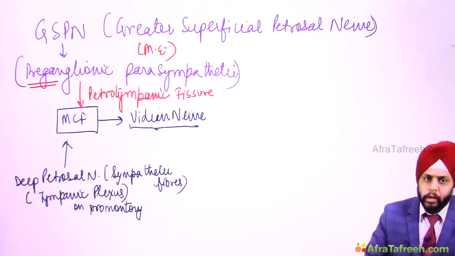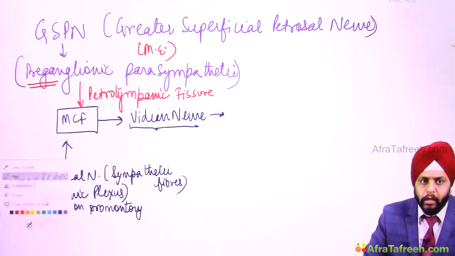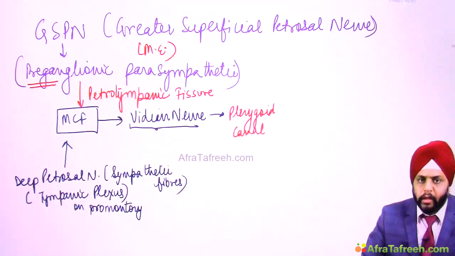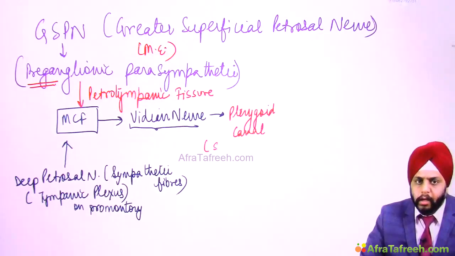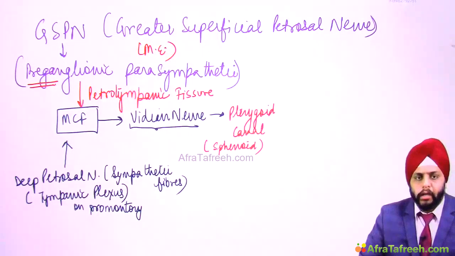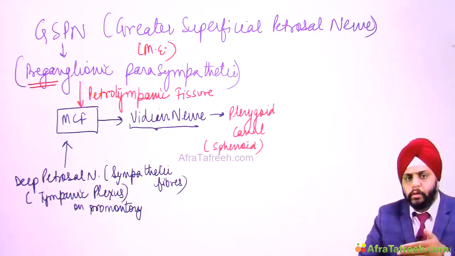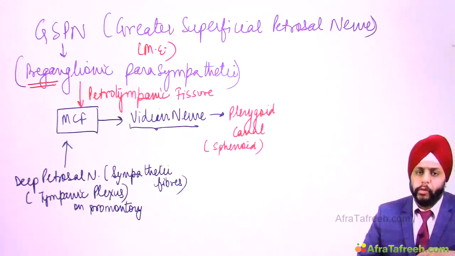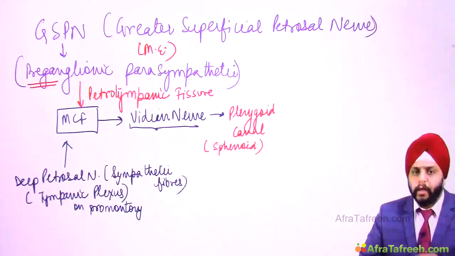So now they go through a canal. Okay, they go through a canal. Which canal? That canal is known as pterygoid canal. It is in the sphenoid bone. Okay, the Vidian nerve crosses the pterygoid canal. So this canal is also known as Vidian canal. And this nerve is also known as nerve of pterygoid canal.